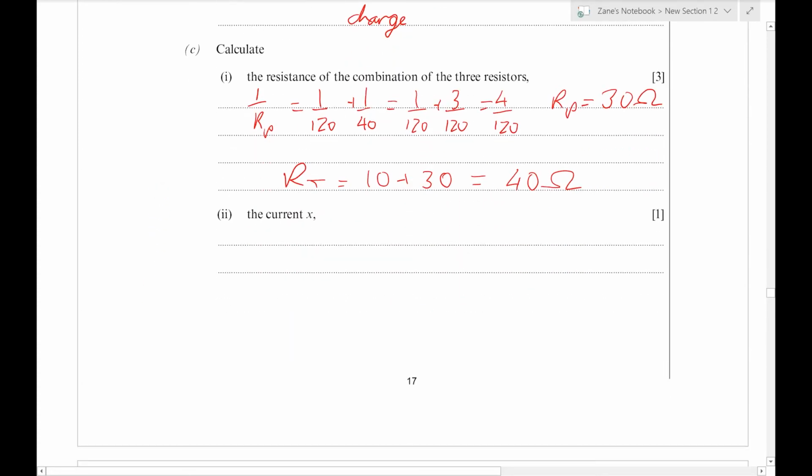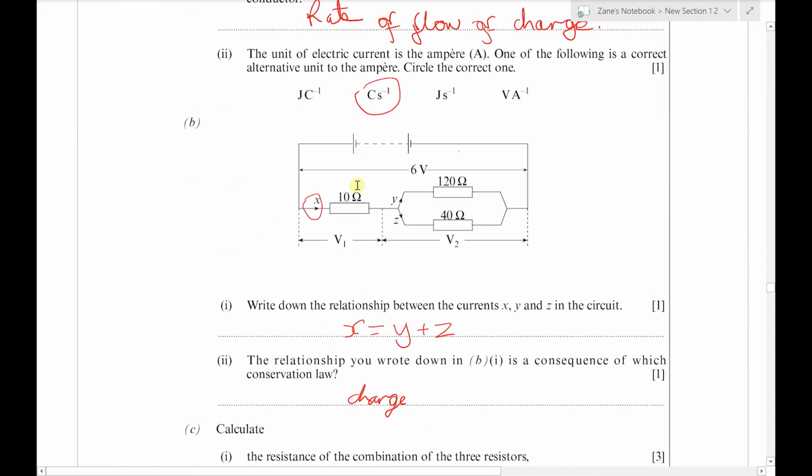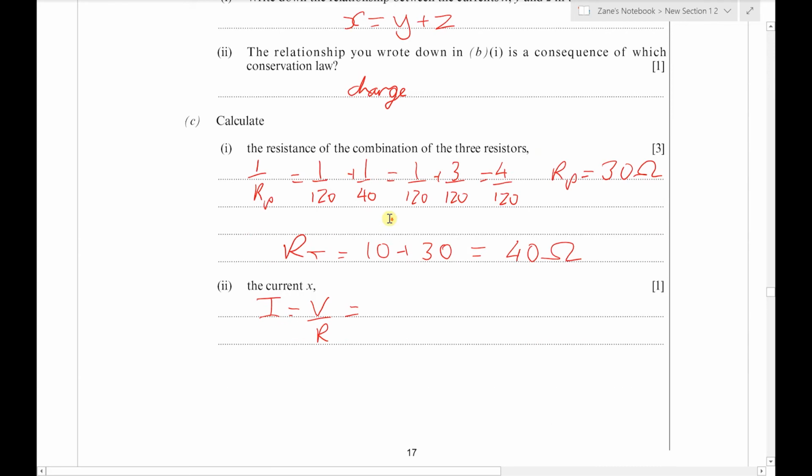Next, we're asked to find the current X. So here we can simply apply current is potential difference over resistance, but we've got to be very, very careful what potential difference and what resistance we use. We can see here that the 6 volt potential difference is across the entire circuit. So if we were to replace that whole circuit with a single resistor, it would have a PD of 6 volts across it, a resistance of 40 ohms as we've just worked out, and the current X passing through it.